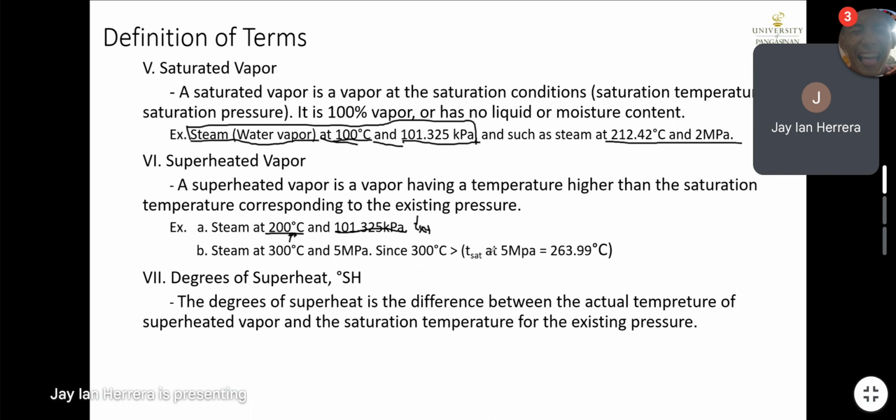And so, ang temperature saturated kasi natin at 5 MPa is 263.99 degrees Celsius. Since 300 degrees Celsius is greater than 263.99 under 5 MPa, therefore, this condition of steam is superheated.